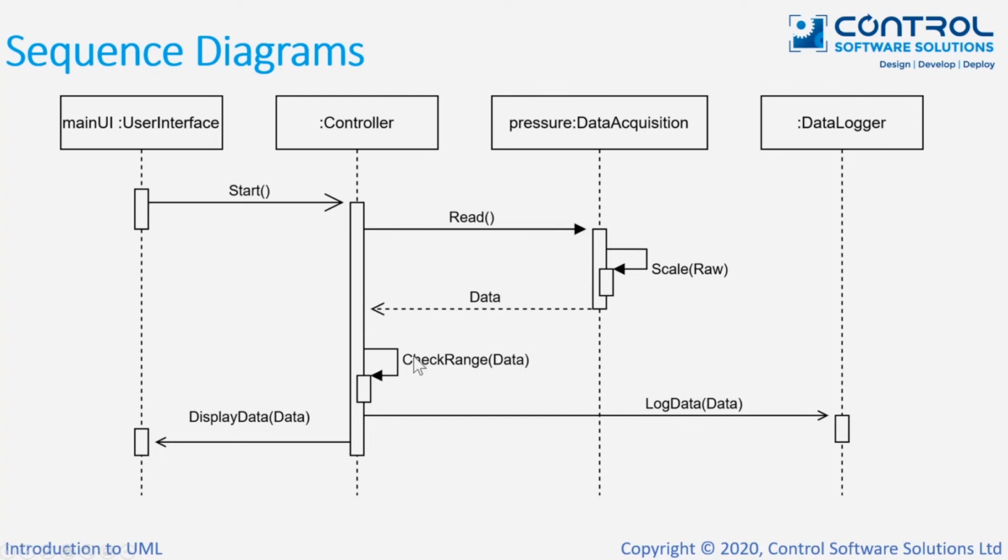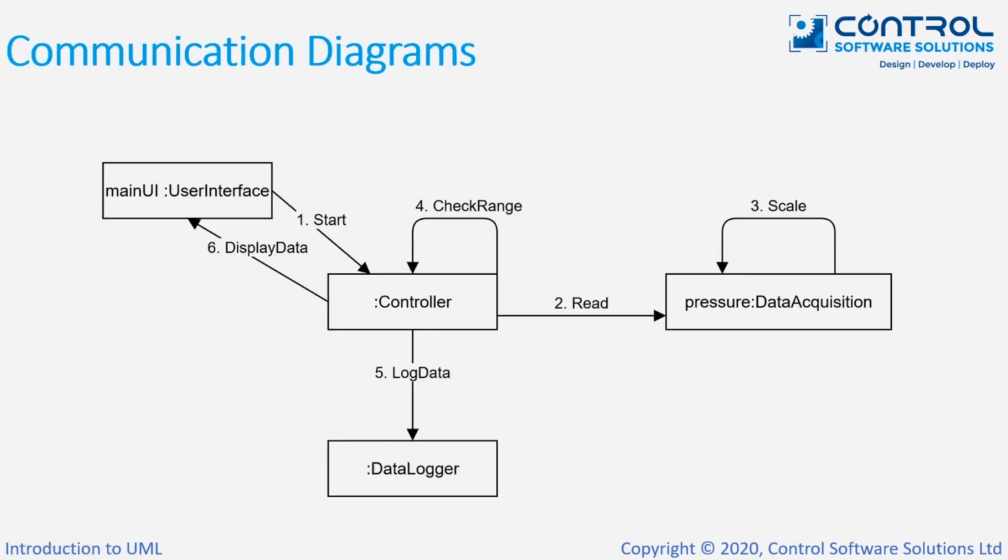Okay, so something that is maybe a little easier to understand is a communication diagram, which is showing exactly the same information. It's just that we were more interested in the interaction between the modules, so we show the lines of communication, and then we can just use annotations to show the sequencing of the messages.